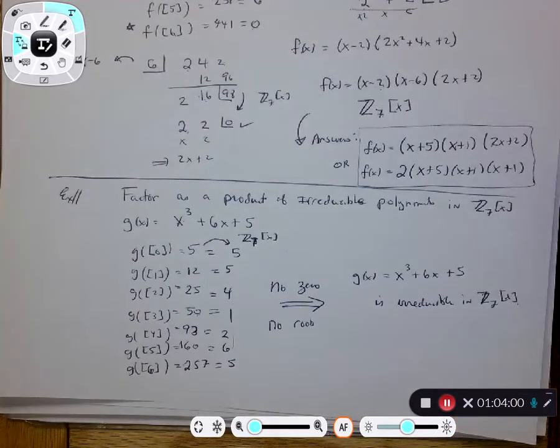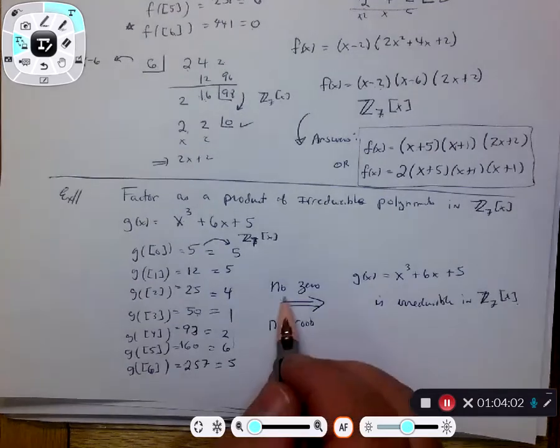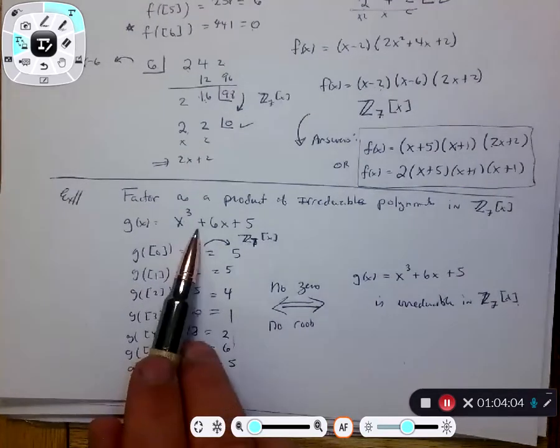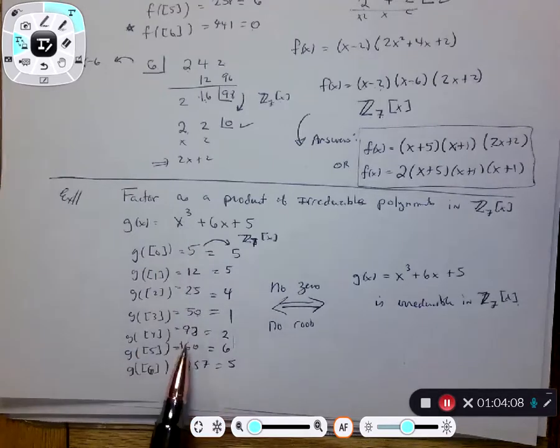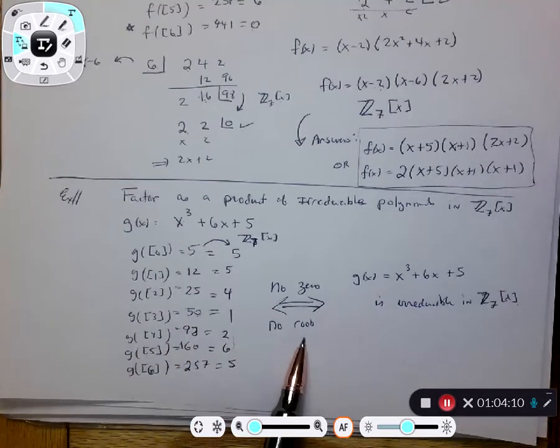So this is how I can prove that it is irreducible. If I've got a polynomial that's either degree 2 or degree 3, and there are no roots to it, automatically it's irreducible. But once you get into degree 4, degree 5, you're going to be able to factor over other factors than just the linear terms.